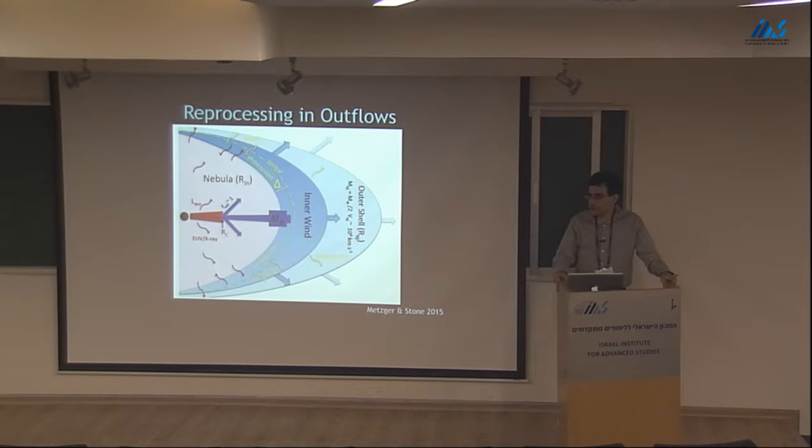Linda Strubbe and Eliot Quataert did some work on this back in 2009. It's been revisited by Metzger and Stone. And here you do have an outflow, but you also still have this reprocessing idea where hot radiation at the center is intercepted by material farther out. So our current work is more directly applicable to the static envelope, although we would like to look at these outflows in future work.